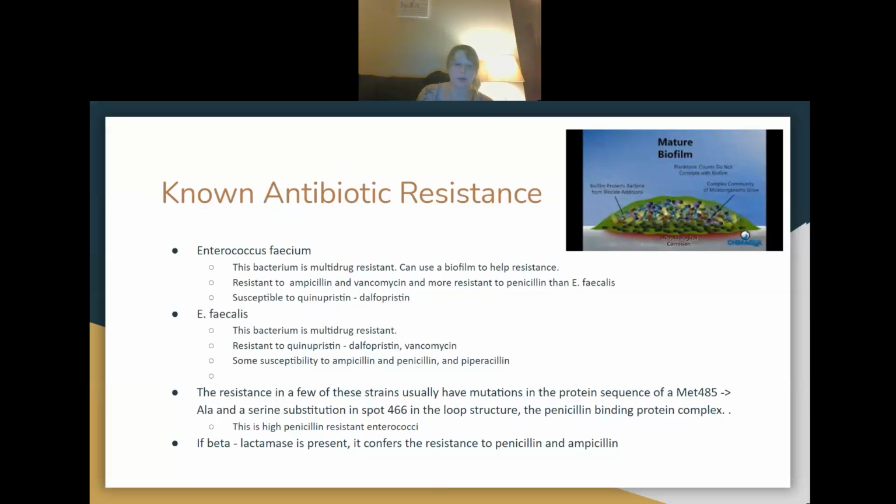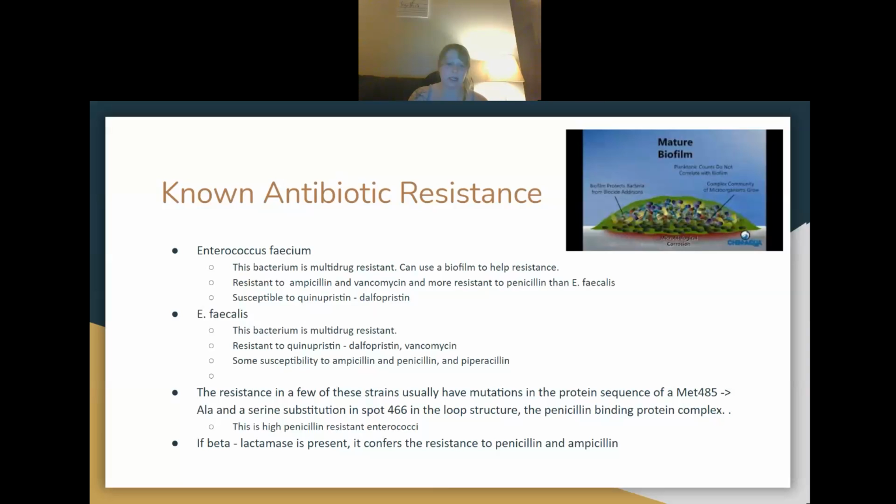Just a few things for both of them. The resistance in a few of these strains usually involves mutations in the protein sequence, and at spot 485, instead of a met, it's alanine, and there is a serine substitution in spot 466 in the loop structure of the penicillin binding protein complex.